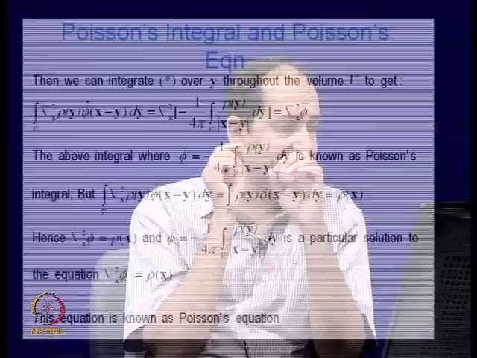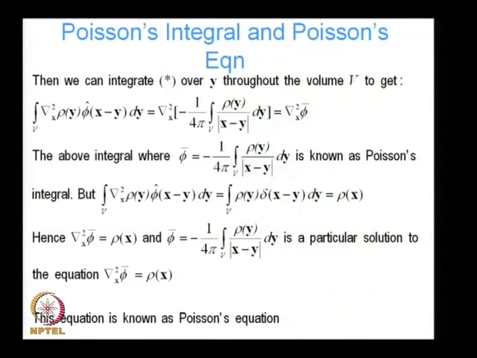You can see that for Poisson's equation I already have a solution. If Laplacian of phi bar is equal to rho of x, then to find phi bar all I need to do is evaluate this integral. What is that integral? I take rho of y divided by mod of x minus y. Suppose I want to find phi bar at some point x in my domain, and I know that phi bar satisfies Poisson's equation.